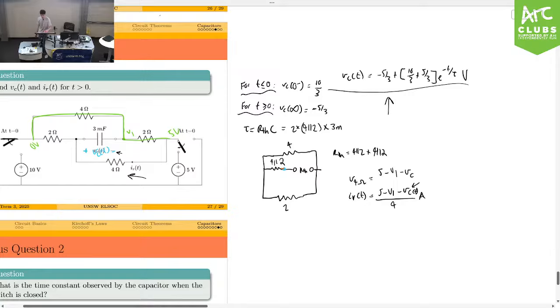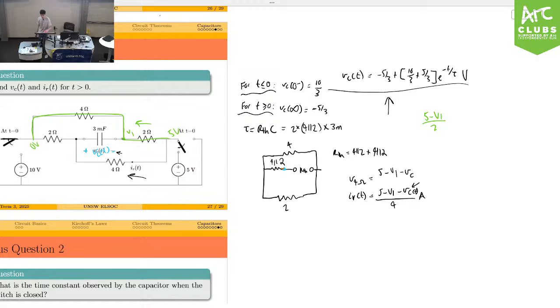So 5 minus V1 on 2 is going to be the current going in through there. I should probably define it a better way.